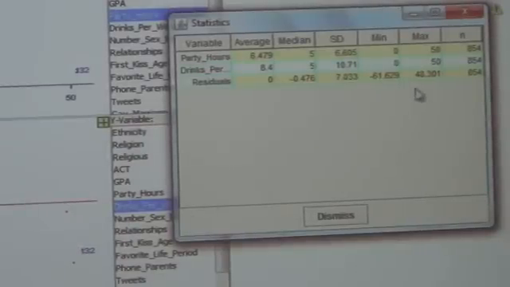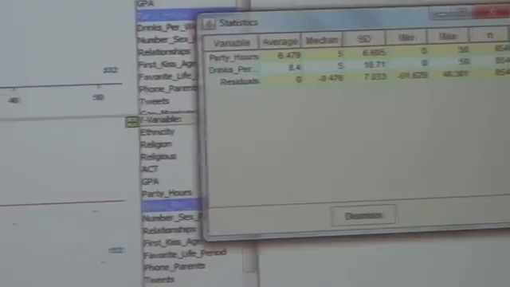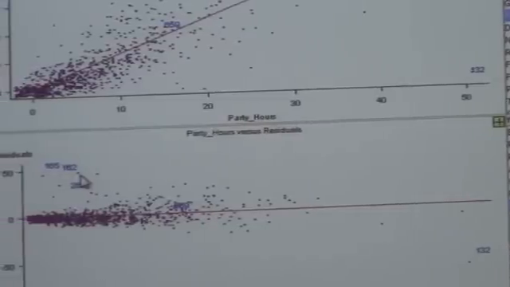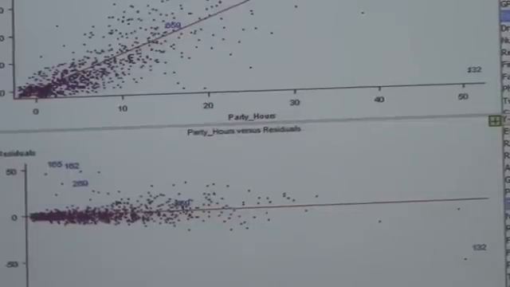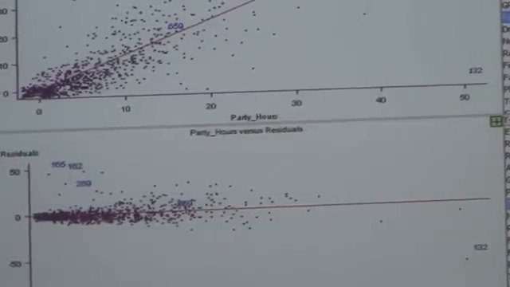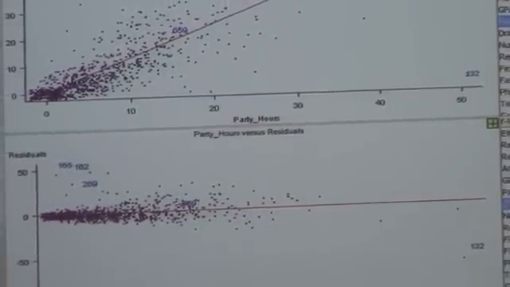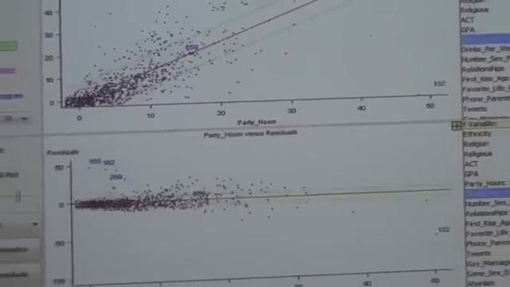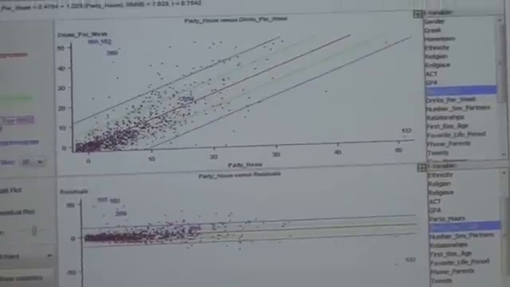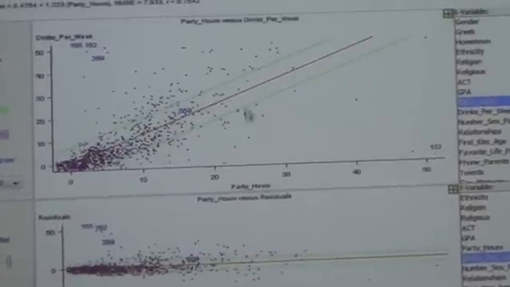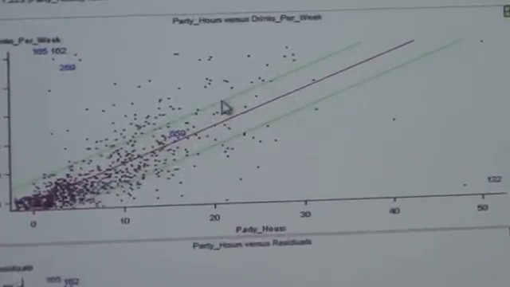And the largest one is 48. It must be one of these two people, 48. He's drinking 48 more drinks than predicted. That's huge. But what I'm saying is if you go 1 standard deviation out, 1 root mean square error from the regression line, and then 2, first with 1, you get about 68% of the points.